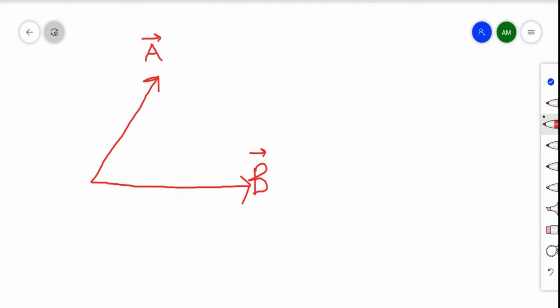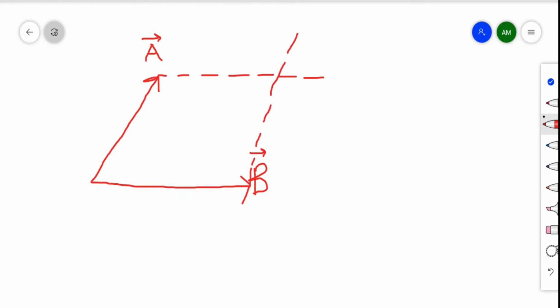I mean, to construct a common point where the two tails of the two vectors meet. For that purpose, I construct two lines, one parallel to B and one parallel to A. The line that is parallel to B starts from the tail of A, and the line which is parallel to A starts from the tail of B.